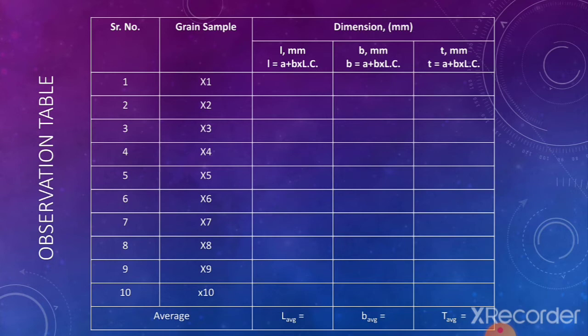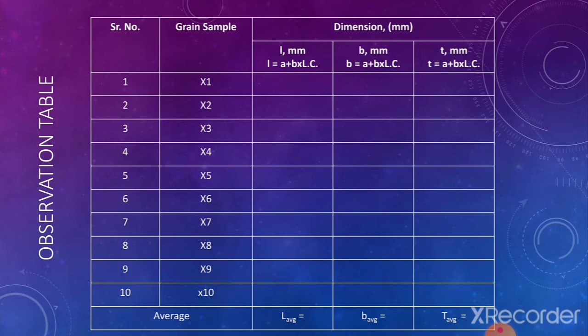To determine the size of a particular grain, we select 10 random individual grains from the given lot. This observation table shows the various dimensions, that is L, B and T. For every dimension we apply the formula A plus B into LC.